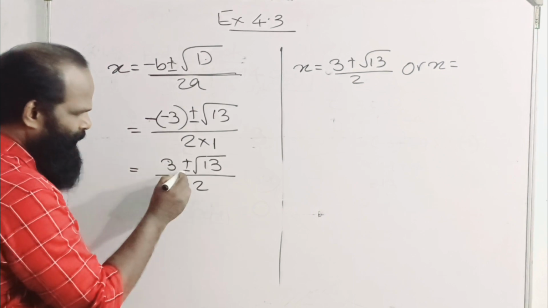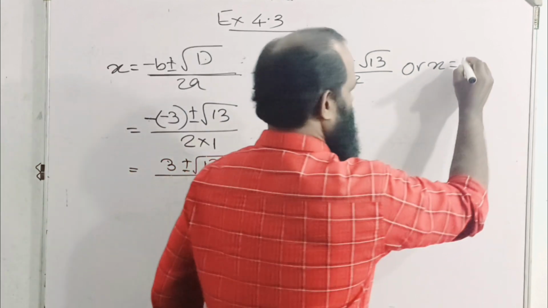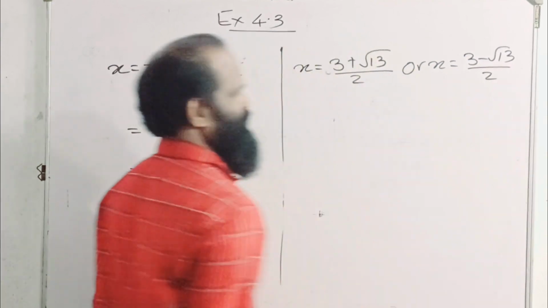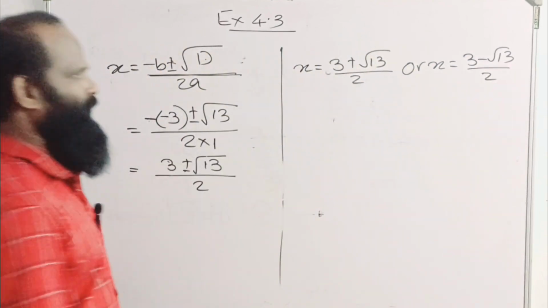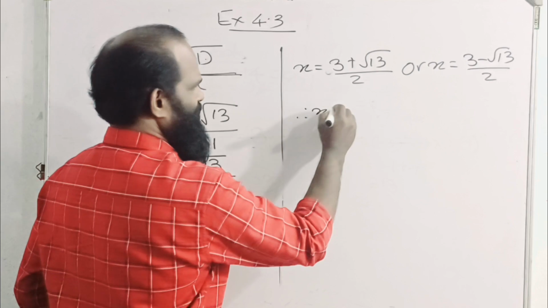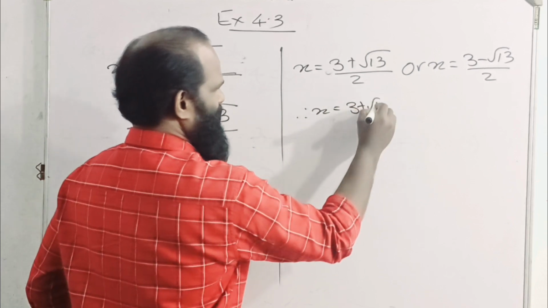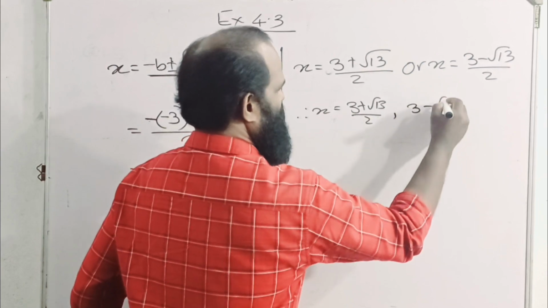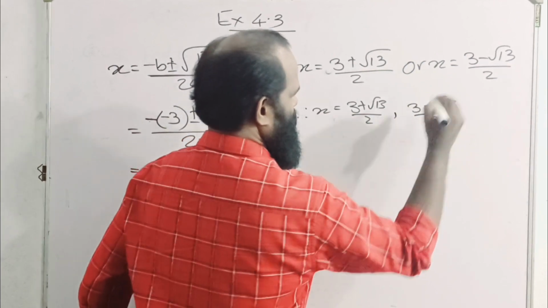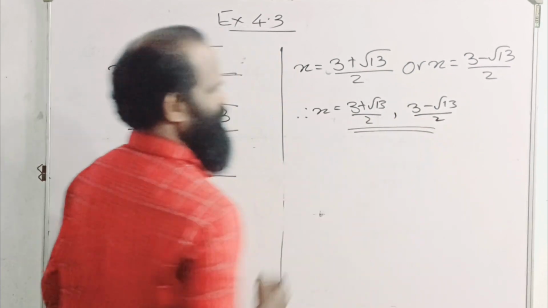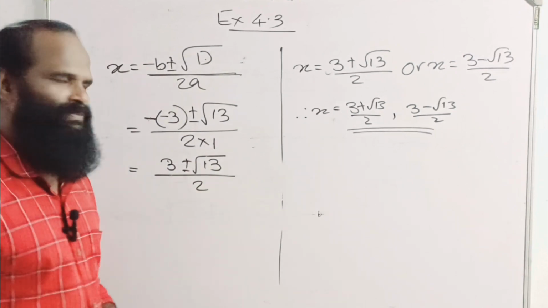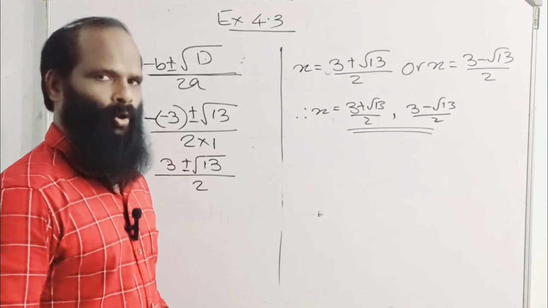Now 3 minus root 13 by 2. So we have got two values. Therefore, x is equal to 3 plus root 13 by 2, comma 3 minus root 13 by 2. These are the two values. Hope you have understood.